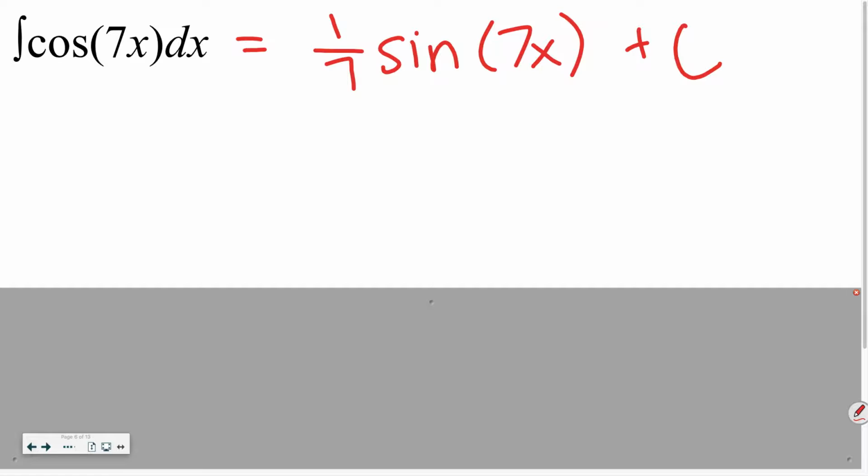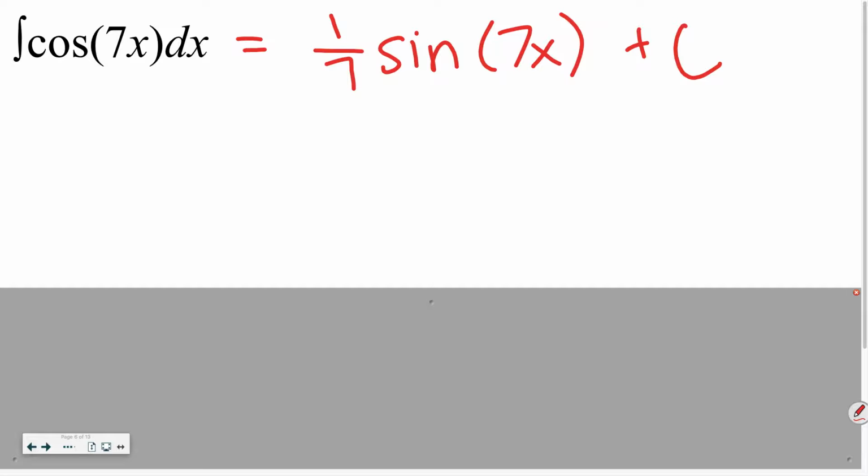Is everyone okay with that 1/7? I know it's something we kind of talked about yesterday, but I want to make sure you know why it's there. Rebecca, if we were to take the derivative of sine of 7x, we would say that it's the cosine of 7x, but inside of 7x, so we would multiply by its derivative.